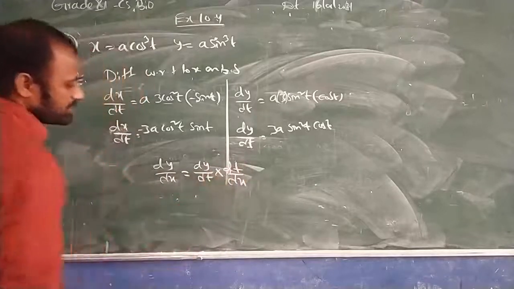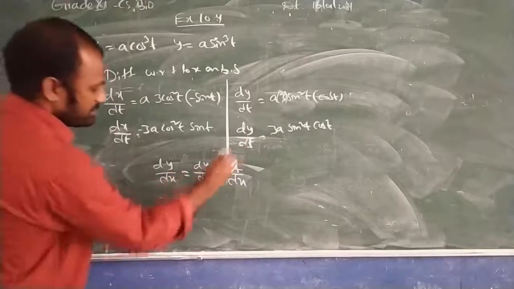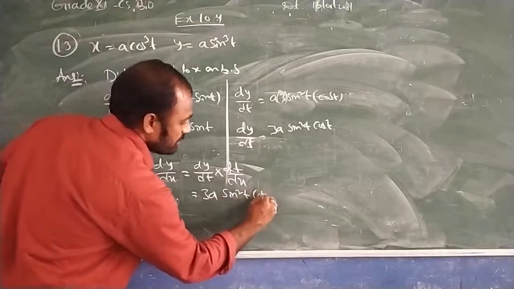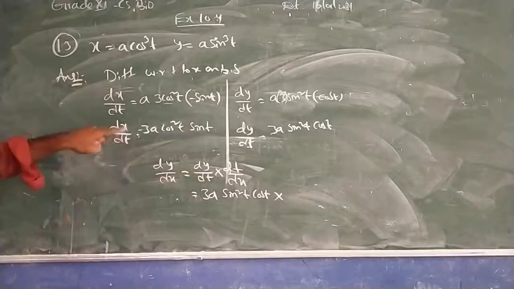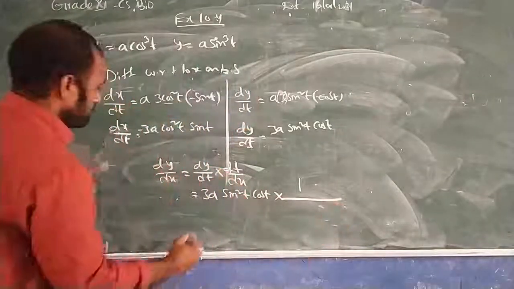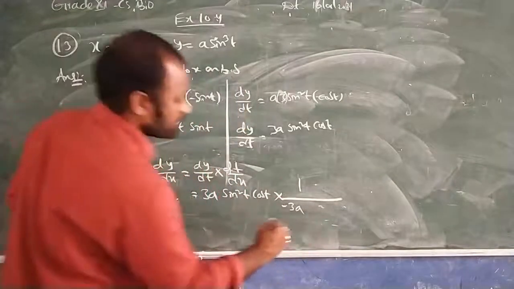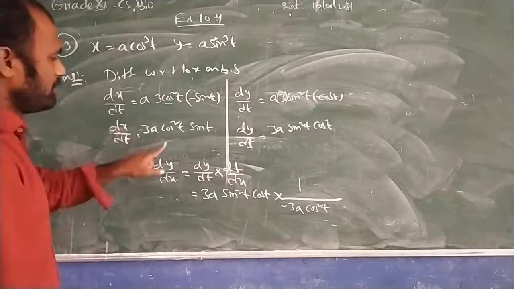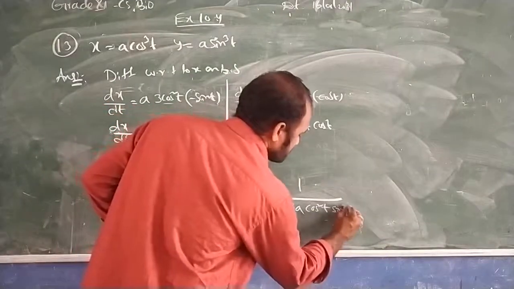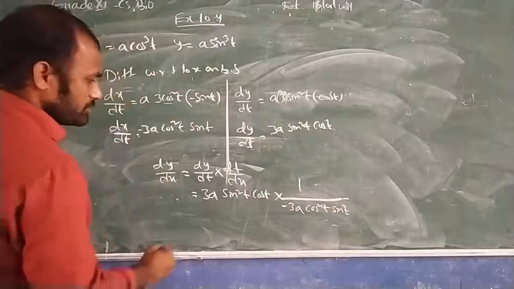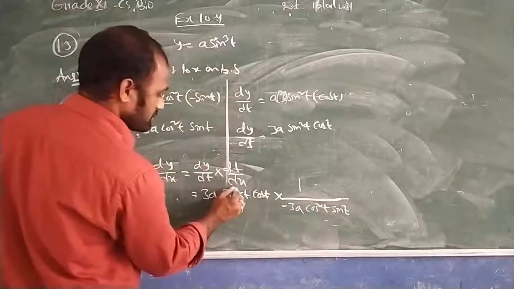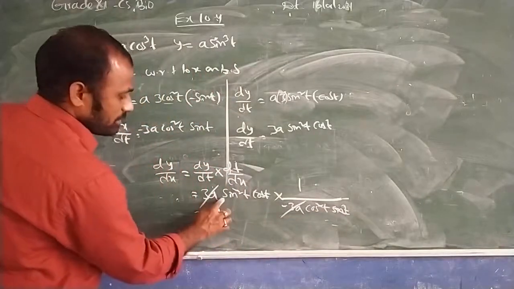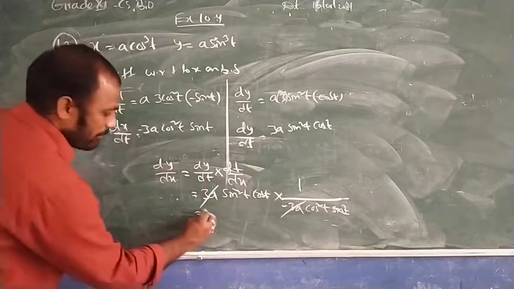So dy by dx is 3a sin square t cos t into dt by dx, the reciprocal, 1 by minus 3a cos square t sin t. Here cos square t gets cancelled, sin t gets cancelled, and 3a gets cancelled. The left terms are sin divided by cos, so it will be minus tan t.